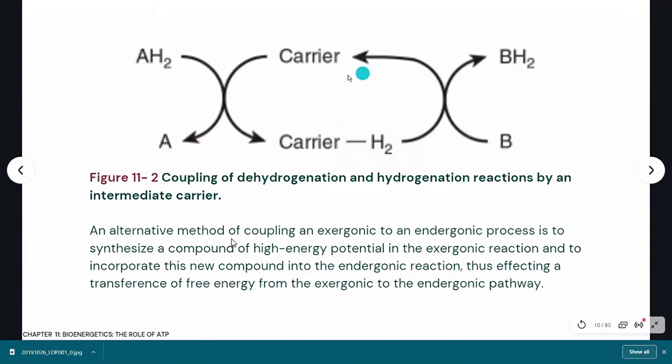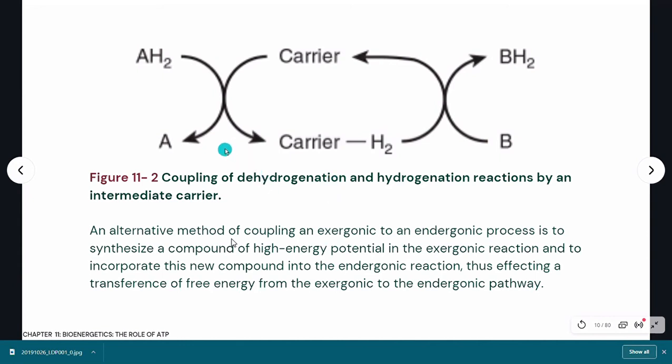Now, it does not mean that you have only one carrier. There might be another carrier before a final acceptor of hydrogen comes around. Now, this is an example of an enzyme, a dehydrogenase.